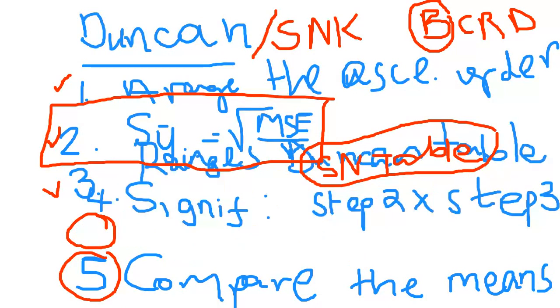So now, can you please allow me to move to Newman-Kels, and from there I will do the Duncan multiple range test when the problem is not balanced. I'll show you the difference. So allow me to stop this. Let me share so you have this note, guys.